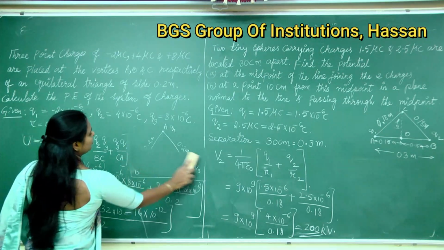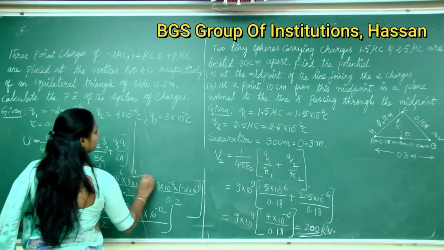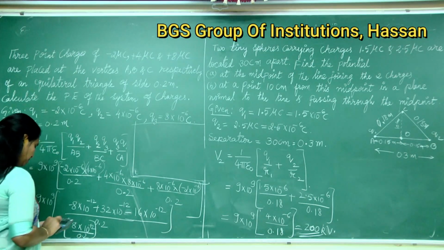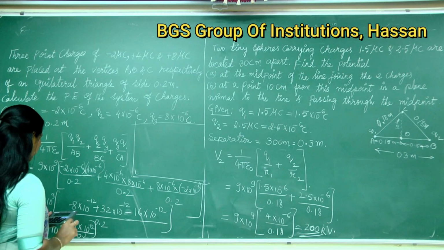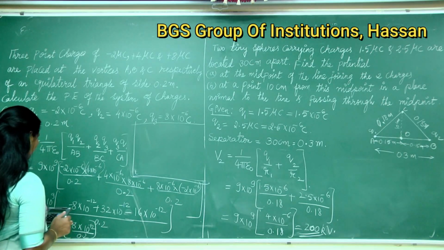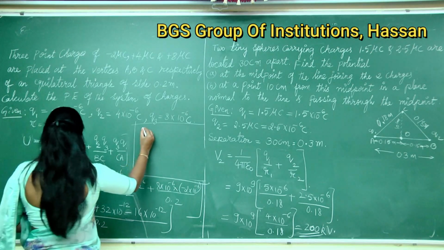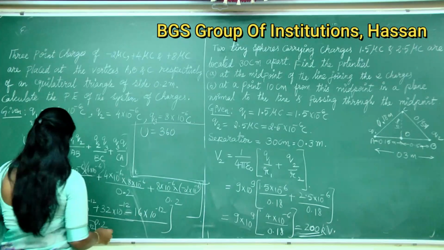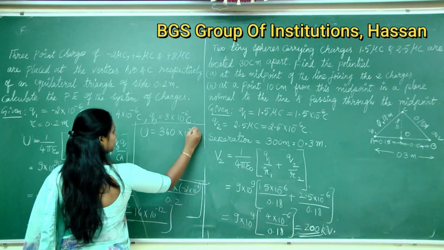Now calculate the value. We have 8 divided by 0.2 is 40. 40 into 9, it is 360 into 10 power minus 3.